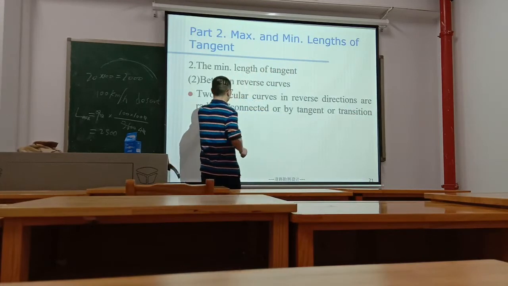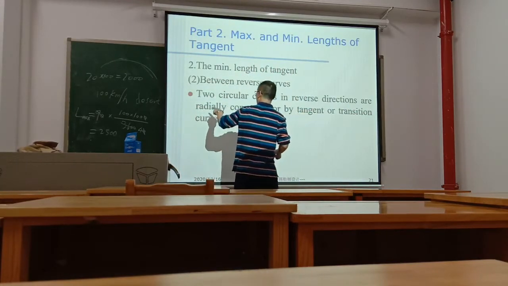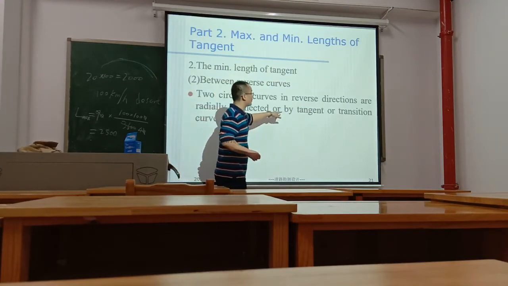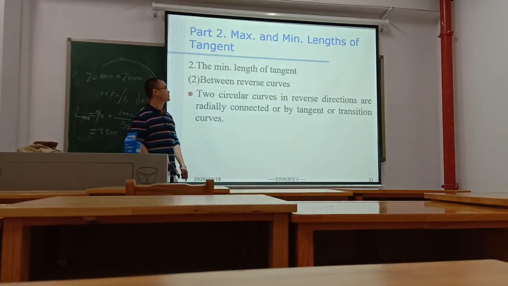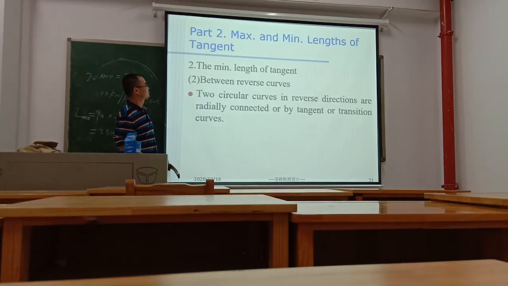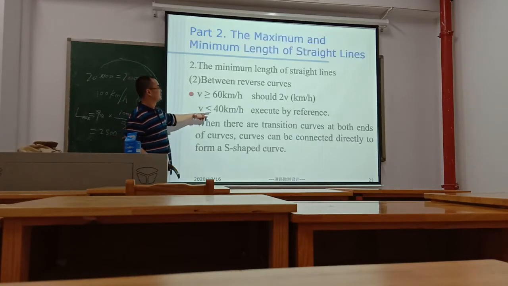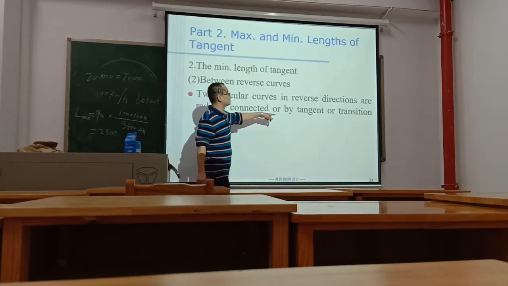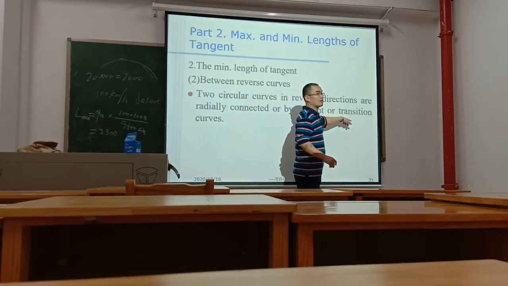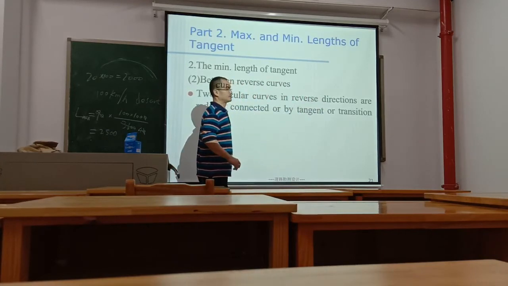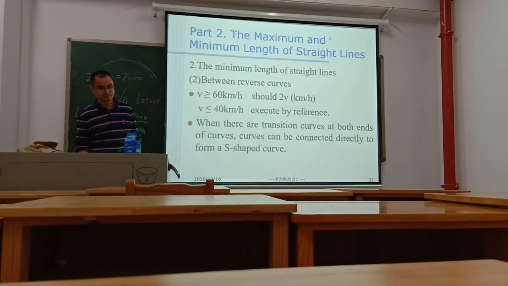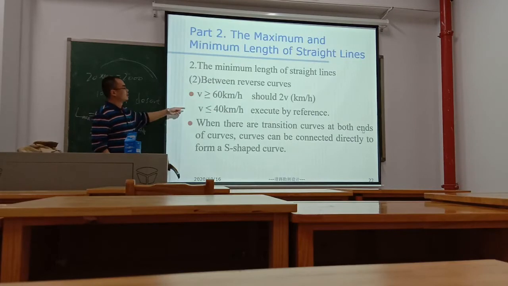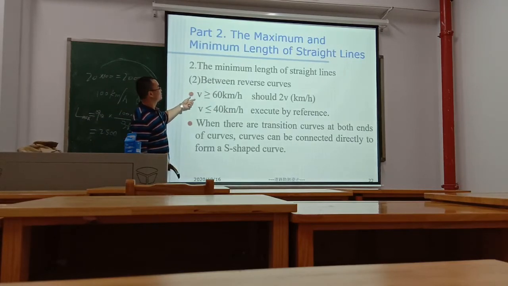So the two circular curves in reverse direction are connected by a tangent or transition curves. Do you understand?